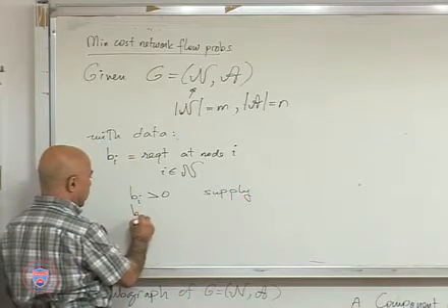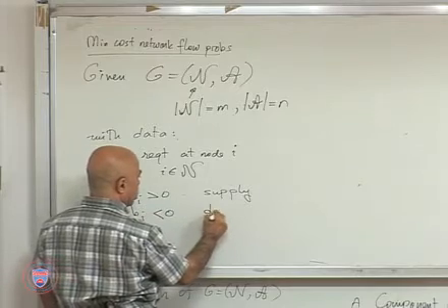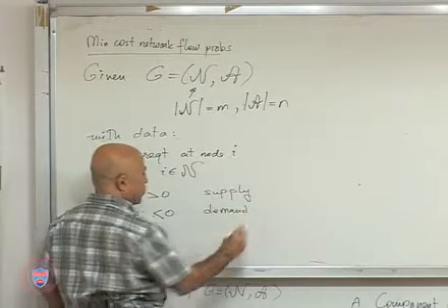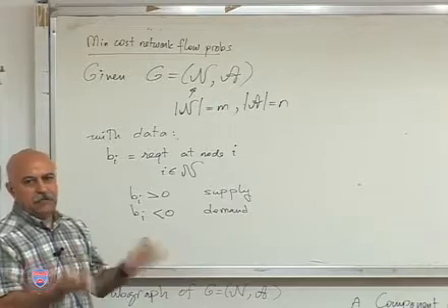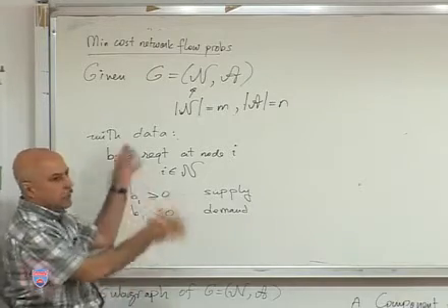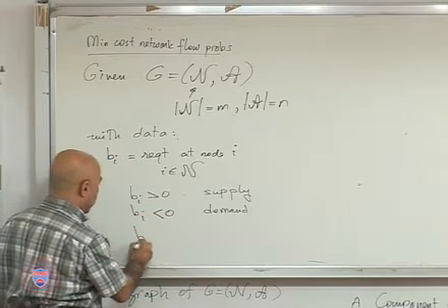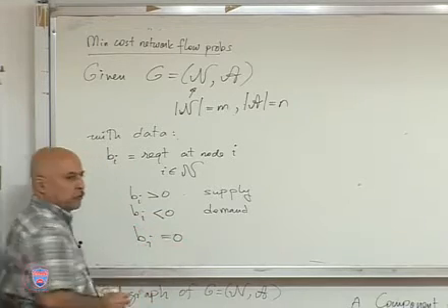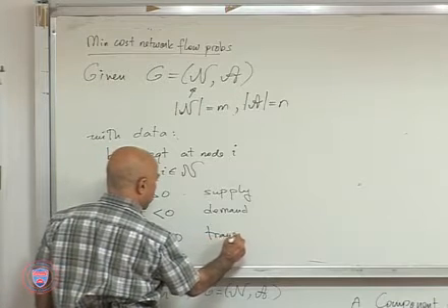If b_i is a negative number, then node i is a demand node. So it wishes to receive some number of units of a given product, for example. This is in the context of distribution problems. If b_i is 0 for node i, then it's a transshipment node.